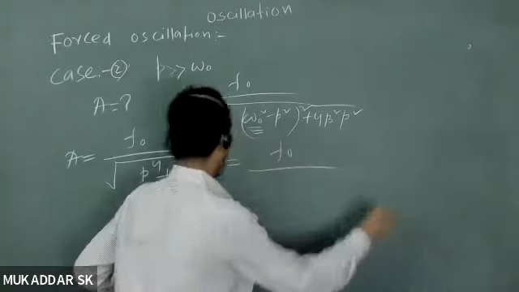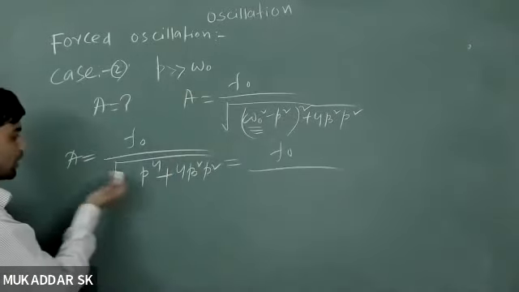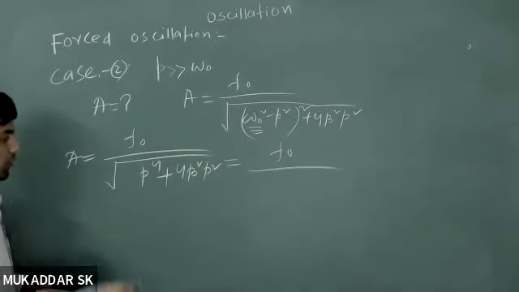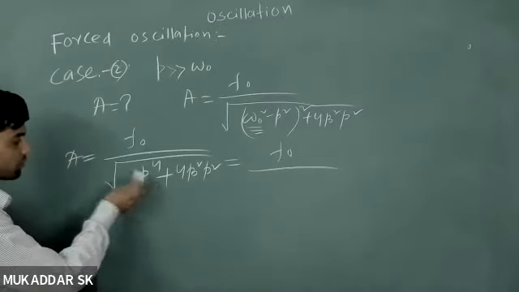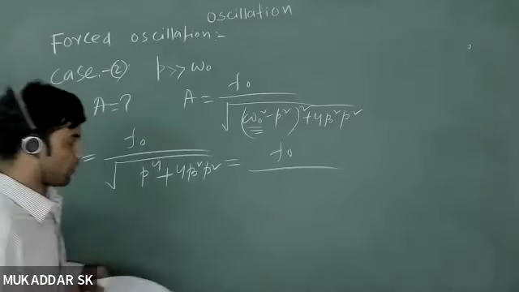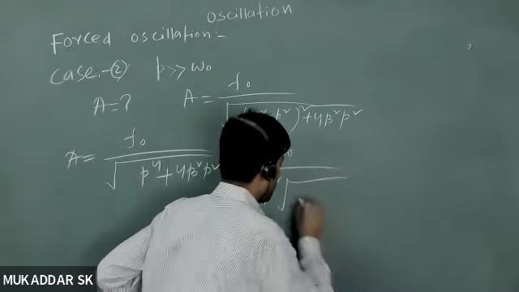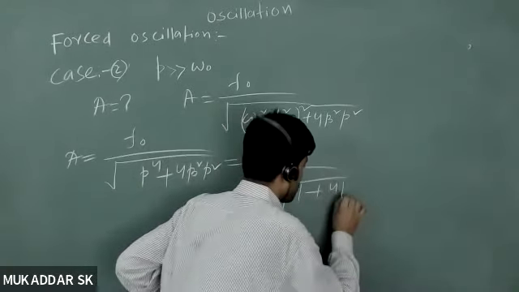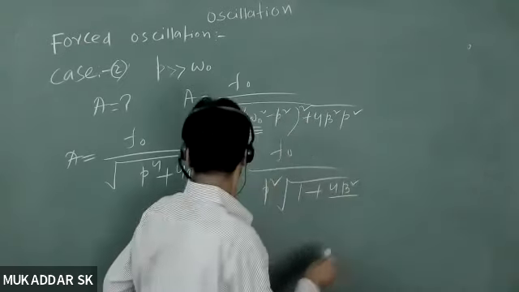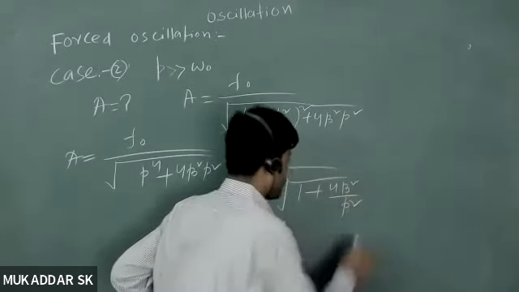Now I'll take p की power 4 common. If you bring that p की power 4 outside the square root, it will simply become p square, right? And you have 1 plus 4 beta square divided by p square, right?